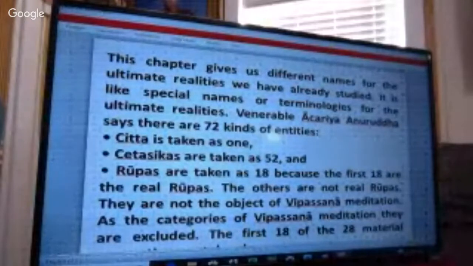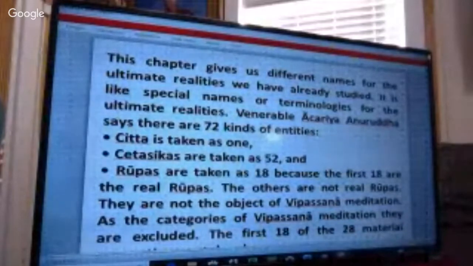Sotapatti Magga Citta, Sakadagami Magga Citta, Anagami Magga Citta. But according to the characteristic, they are the same, because they are just knowing the Nibbāna object at that moment. So even though every kind of mind has the same characteristic, that characteristic is just knowing the object.